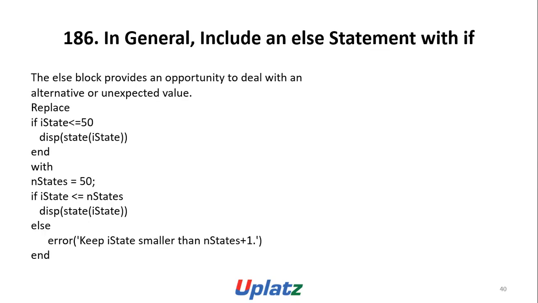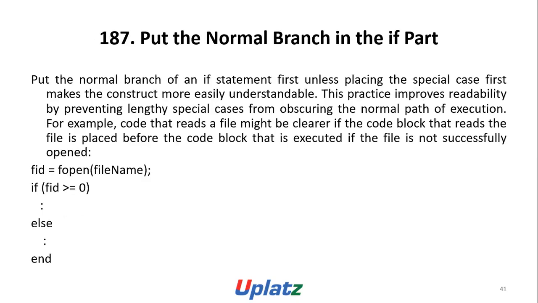In general, include an else statement with if. The else block provides an opportunity to deal with an alternative or unexpected value. Replace if iState less than or equal to 0 and display state(iState) and with nState equal to 50: if iState less than or equal to nState, display state(iState), else error, keep iState smaller than nState plus 1, and put the normal branch in the if part.